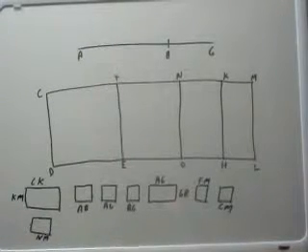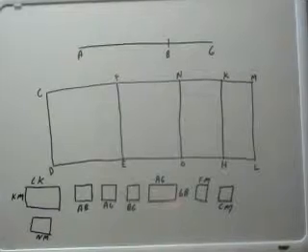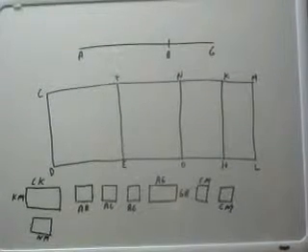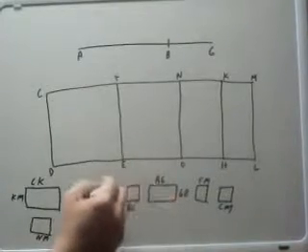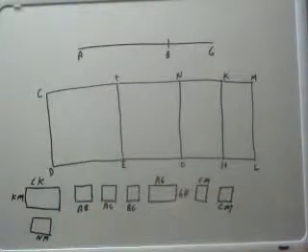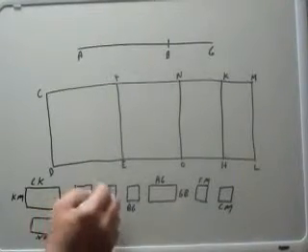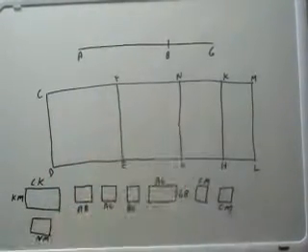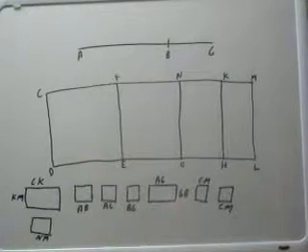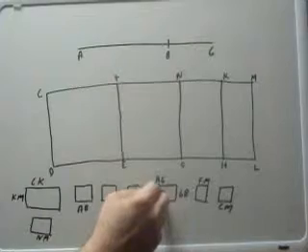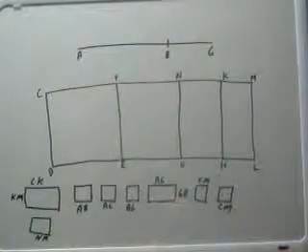Now, since the rectangle AG, GB is the mean proportional between the squares on AG and GB, so this is the mean proportional between this and this, and the square on AG is equal to CH. This is equal to this, this, and this. And the rectangle AG, GB, that's this, is going to be equal to NL, which is this and this.